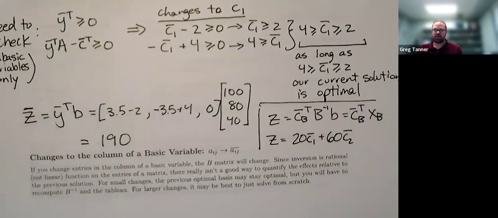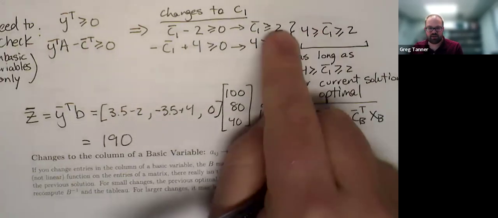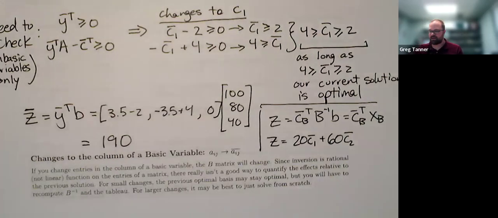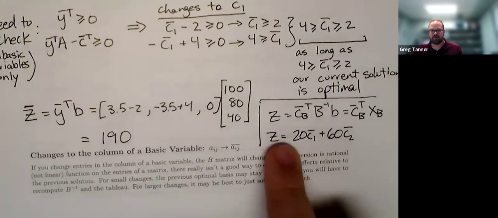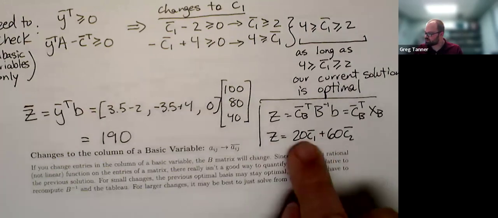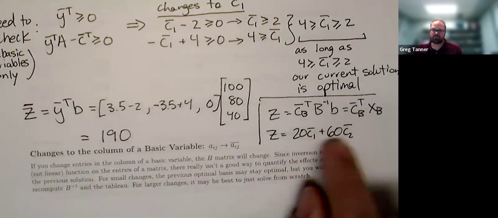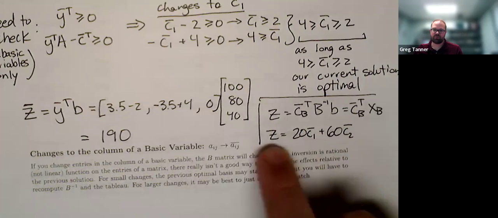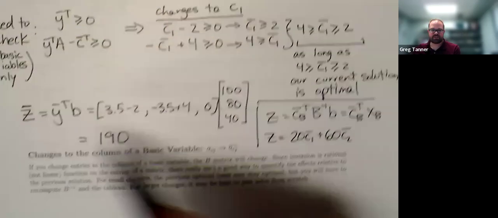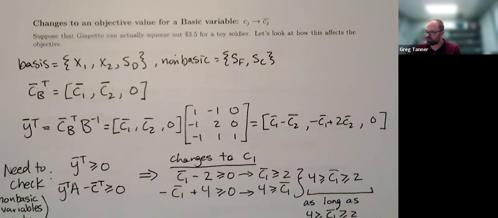Okay, and so if we were to make small changes to C1 and C2 such that this remained optimal, this is sort of the formula for our profit, because we're making 20 soldiers and 60 trains. So reducing the profit for one of these reduces the overall profit.